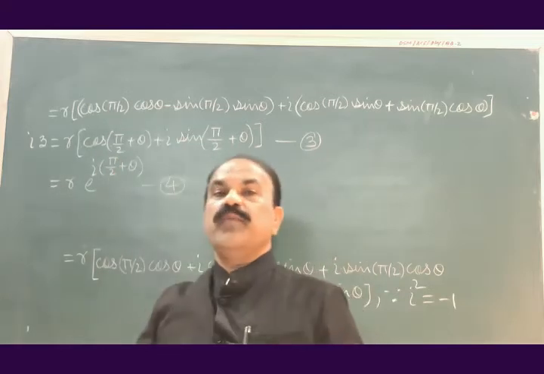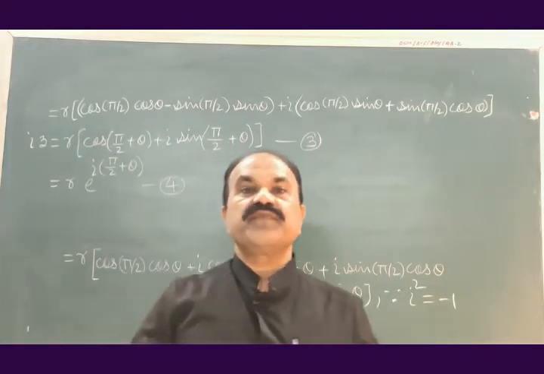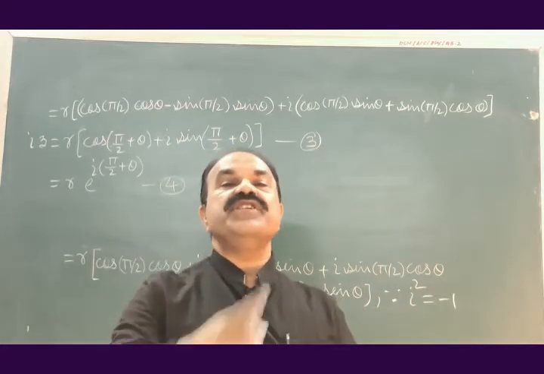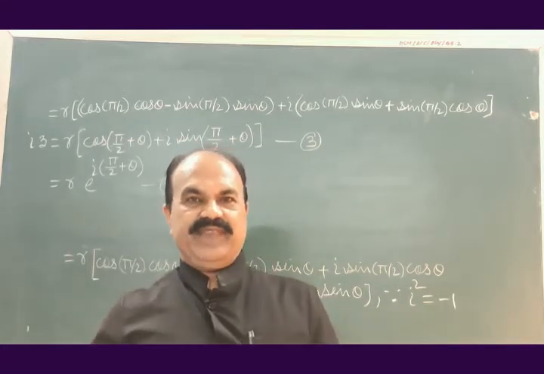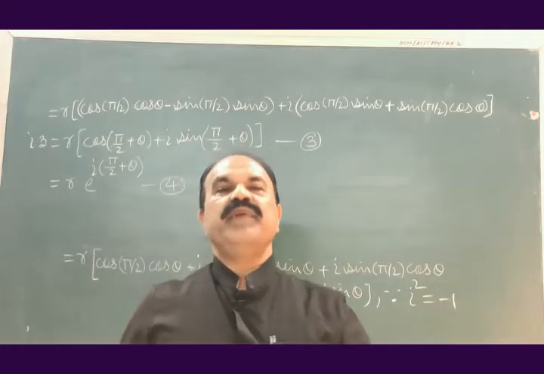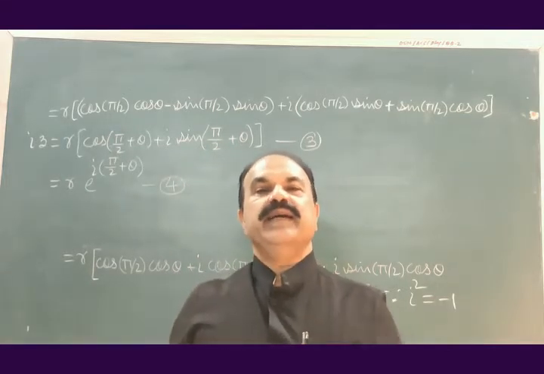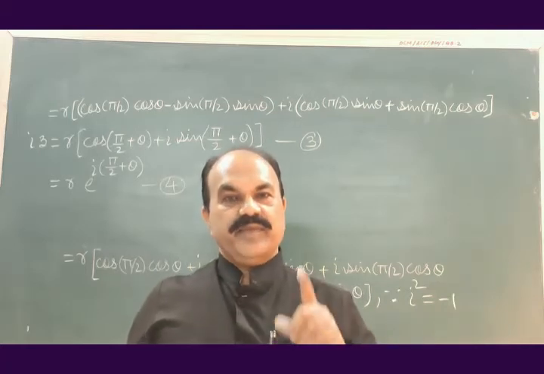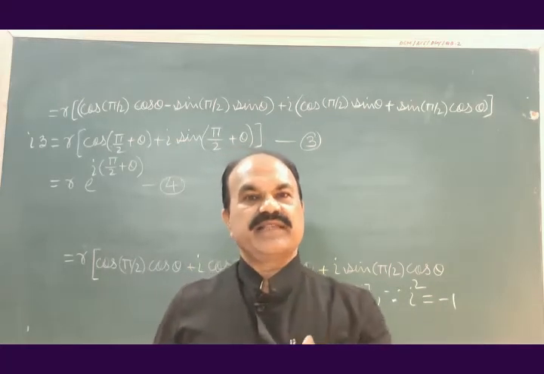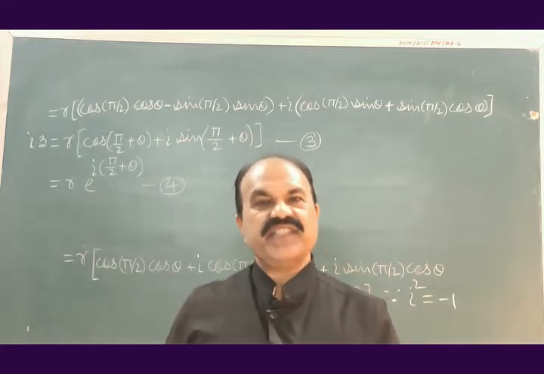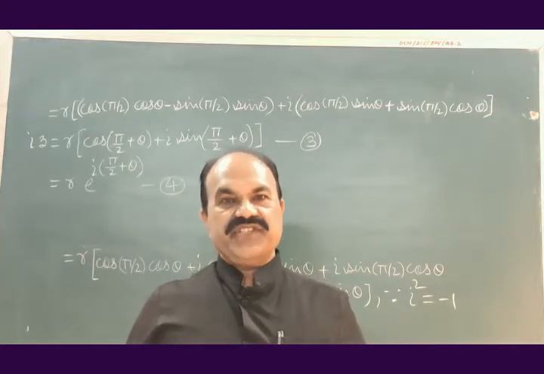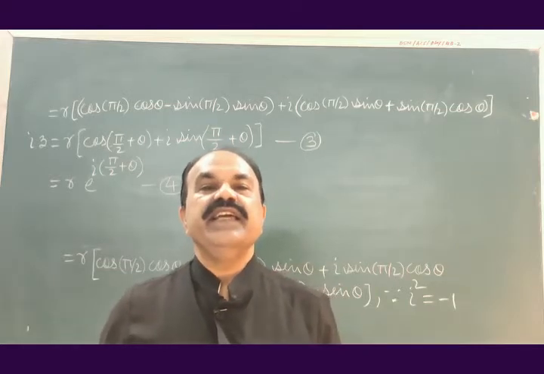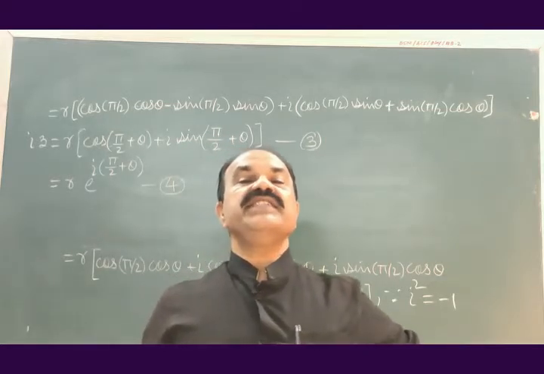We get a complex number which is rotated through 90 degrees in the positive sense. When any complex number is multiplied by the imaginary term i, the product is a complex number, but this is the complex number which is rotated through 90 degrees in the anti-clockwise direction.